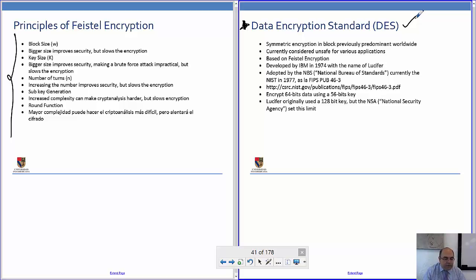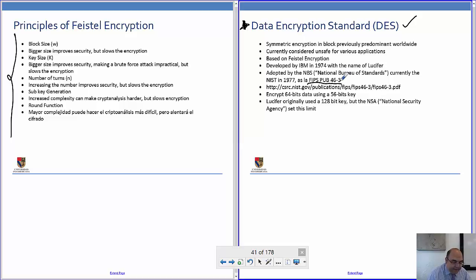So when you see FIPS Pub 46-3, it means this. And because it's a standard, as all NIST standards or publications, it's not open source, but it's public. Anyone can see what the standard says.